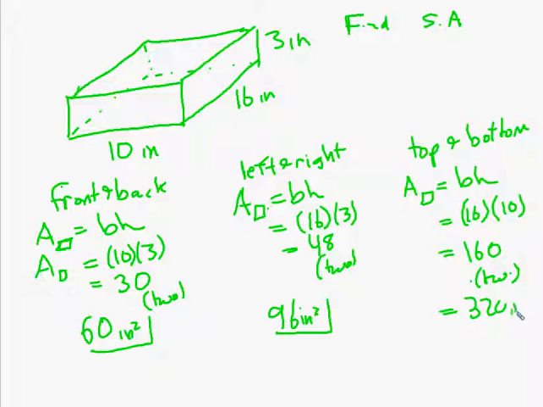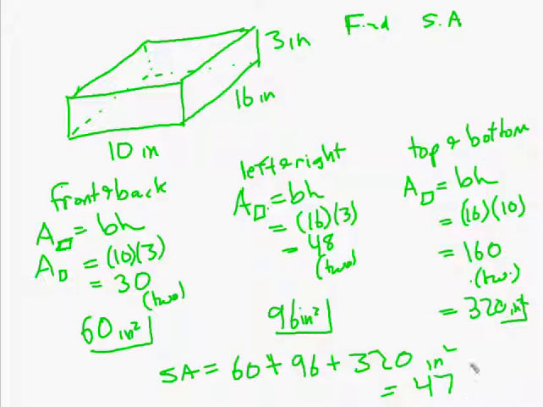Now, what do I do with all of these? Add them up. So my surface area is going to be 60 plus 96 plus 320. 476. And I heard 476. That's right. Final answer. See, I've boxed my final answer. See how we organize our work?